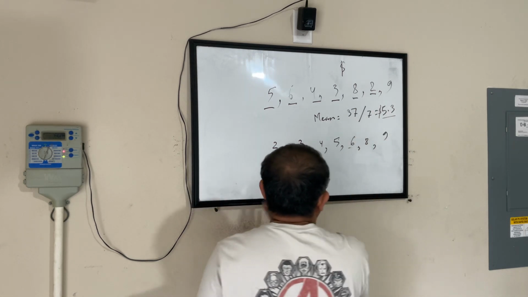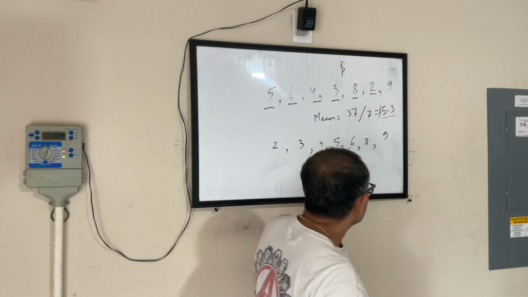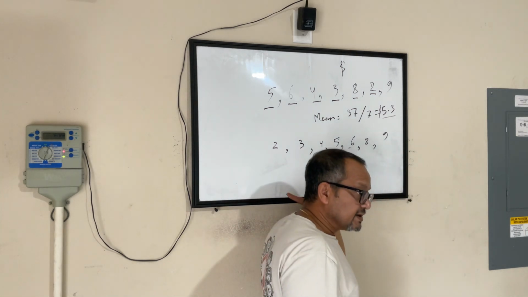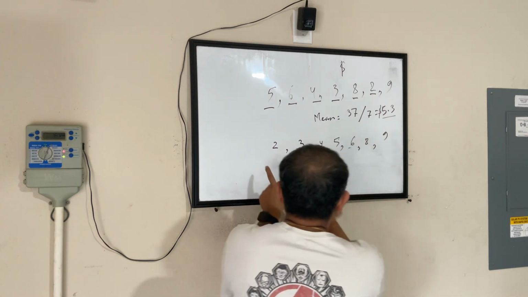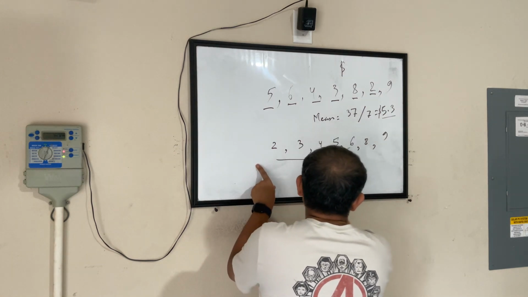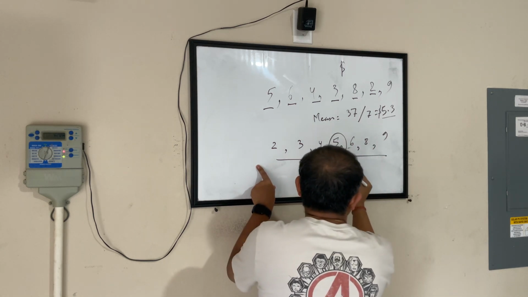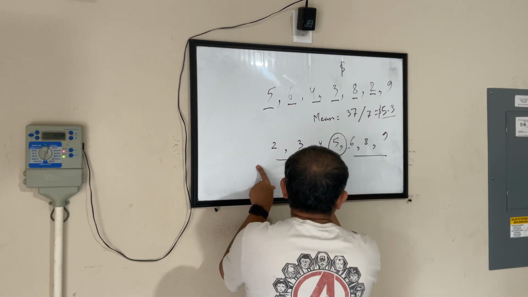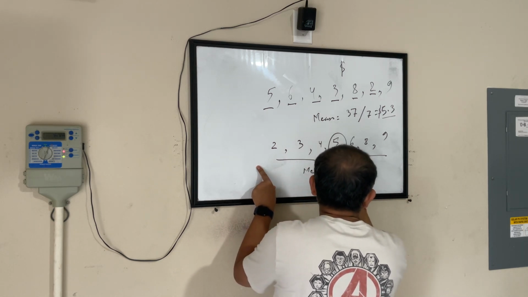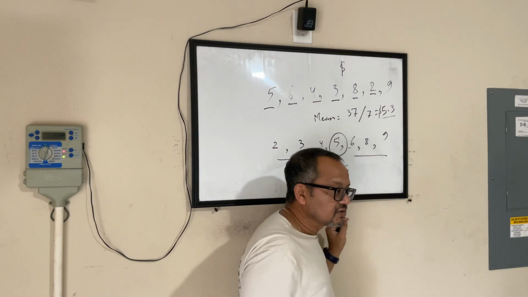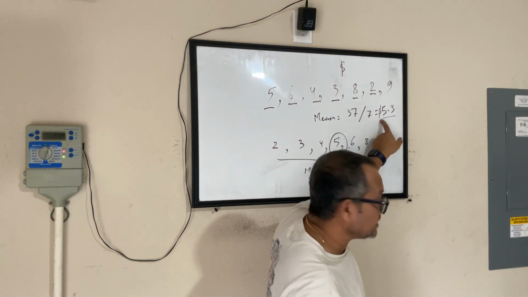That is 3 plus 3 plus 1, 7 numbers. Median says arrange them in increasing or decreasing order and find out the middle value. Now we have 3 here, 3 here. This is my middle value. 5 is the median of this, so the median is equal to 5. So now you look at this and look at this.